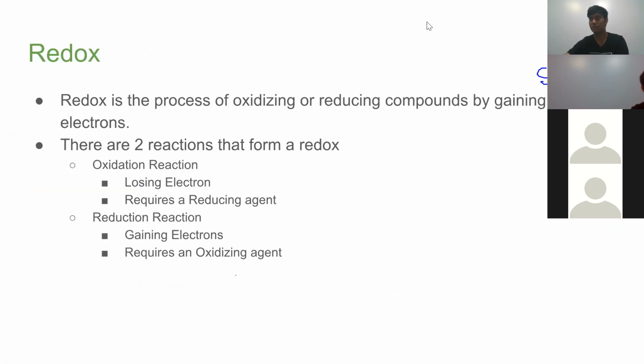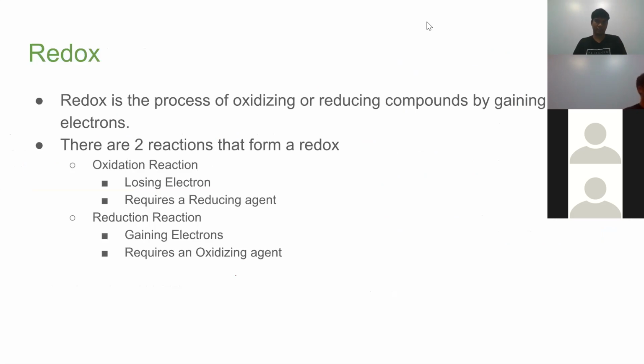Oh, my bad. All right, why don't we move on to redox? So we had a lot of requests for redox reactions, because that's what you'll be doing for your lab experiment this upcoming week. So what is a redox?